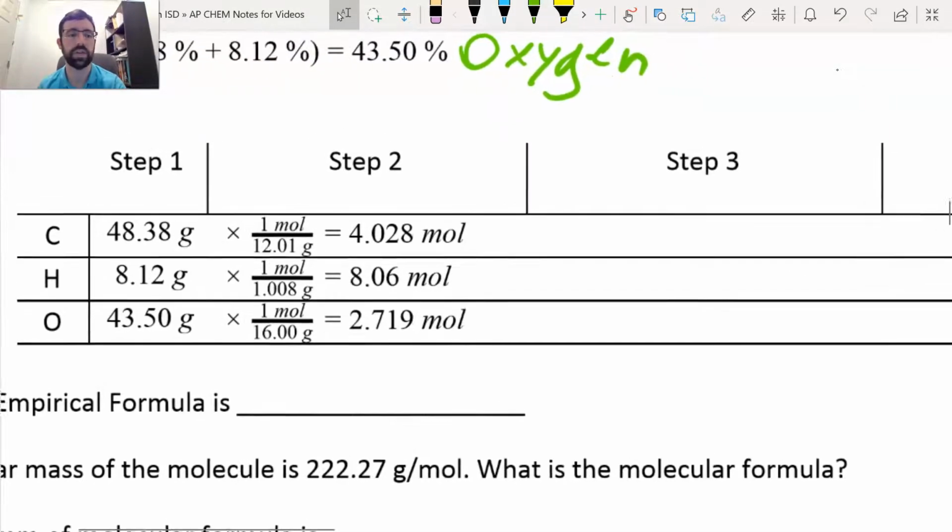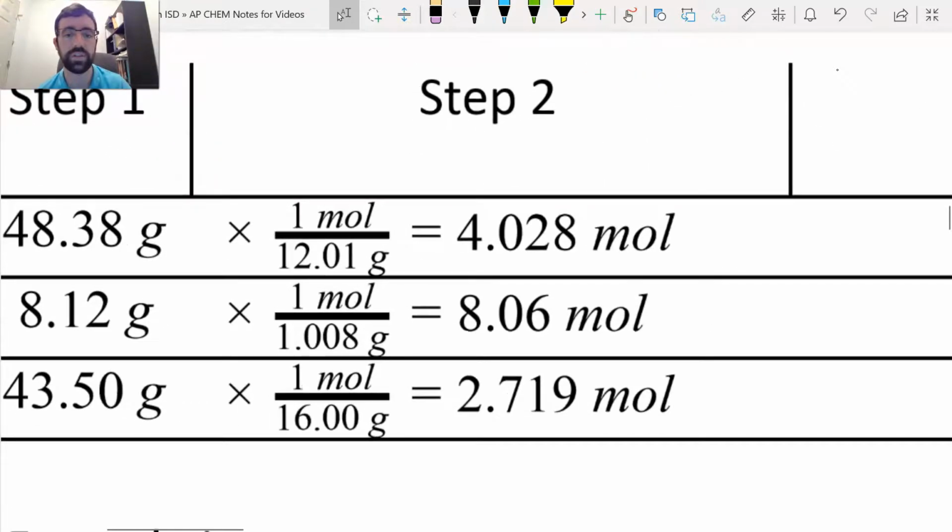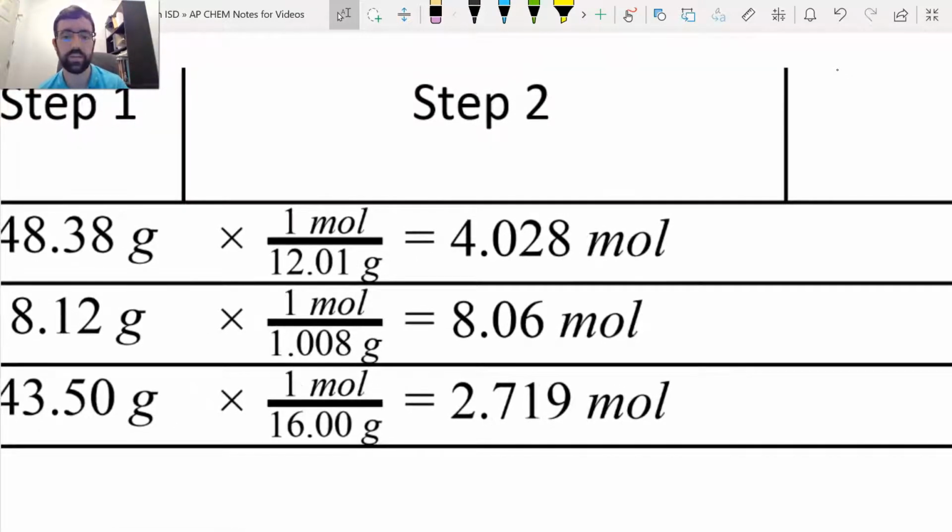Now, we've done the first step for you. That was going from percent to mass. You just write it in terms of grams. We're assuming that there's 100 grams of the substance. The next step is to convert those grams into moles, and we've done that in step 2. And then we've got all 3 of these numbers of moles.